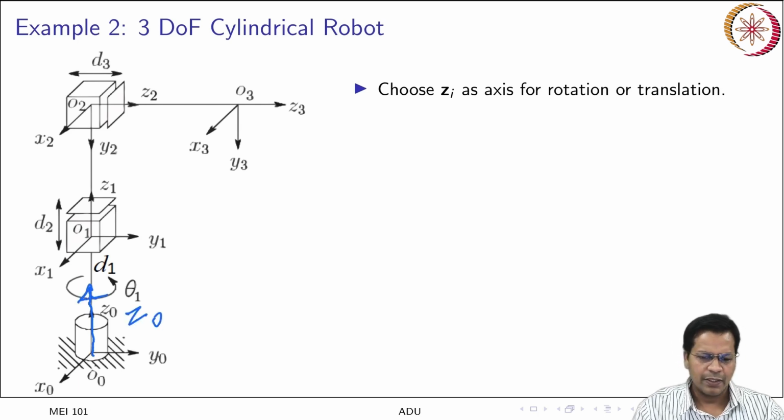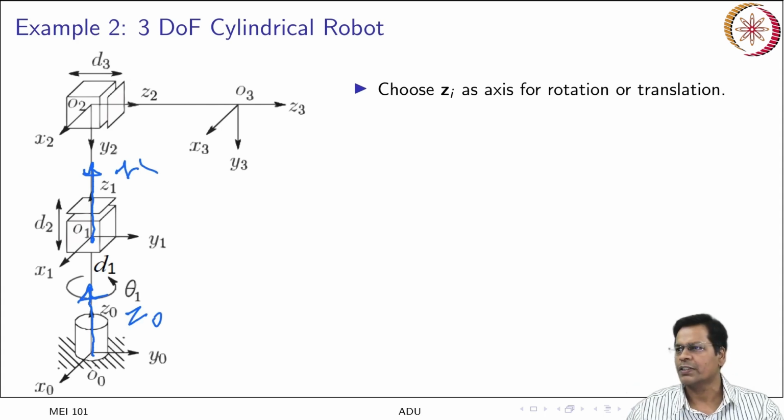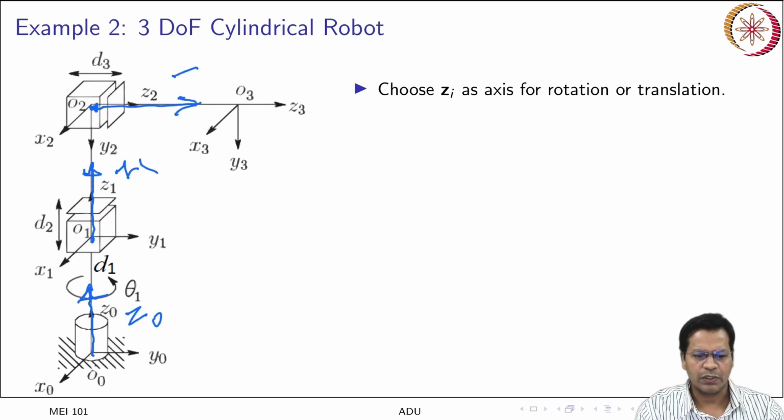Then another one is here, this is your z1, and the third one is here, this is your z2. So from 0 to 1, 1 to 2, and 2 to 3, it requires a total of 4 frame placements.